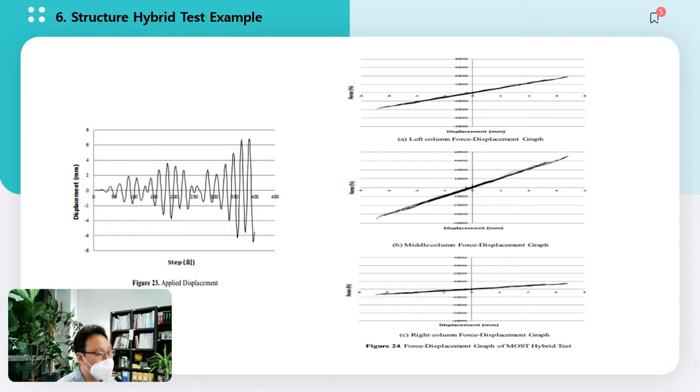Figure 23 shows the force displacement of the damper mounted structure, and figure 24 shows the force displacement graph for the node.